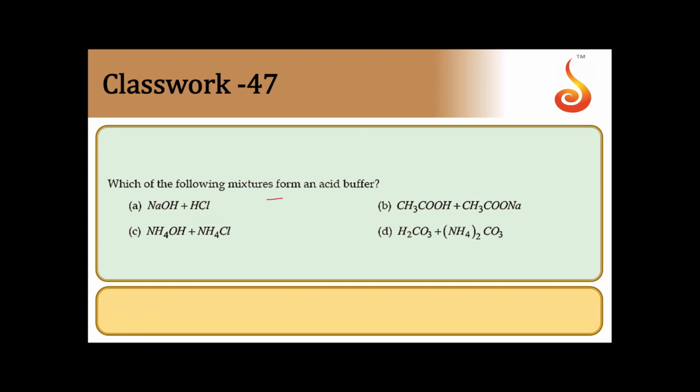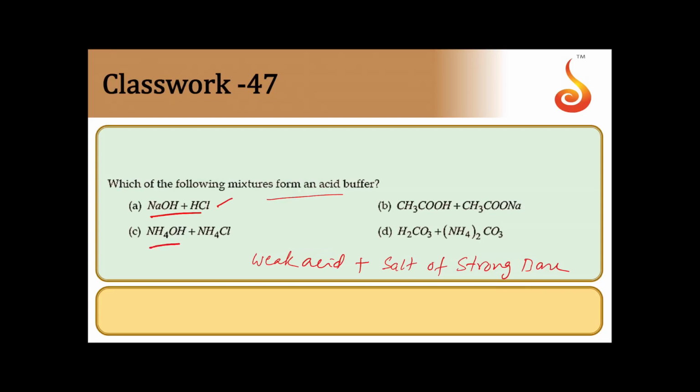47. Which of the following mixtures form an acidic buffer? An acidic buffer will be a mixture of weak acid plus corresponding salt of a strong base. If you take the first option, a strong acid is there, so it doesn't constitute.